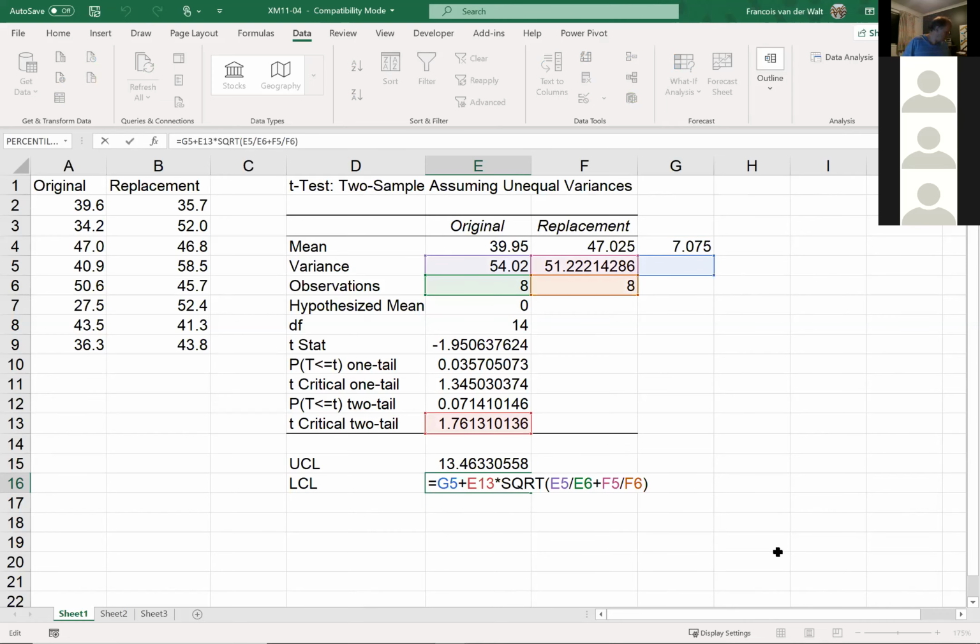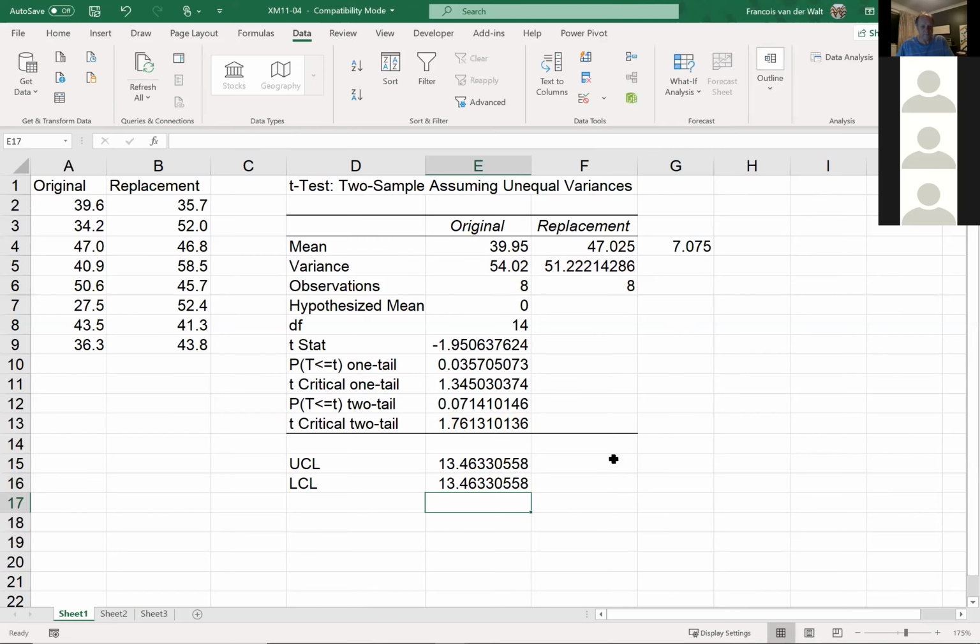Oh, this should be minus. Yes, that's what you said. I deliberately made that mistake just to see if you guys would catch it.